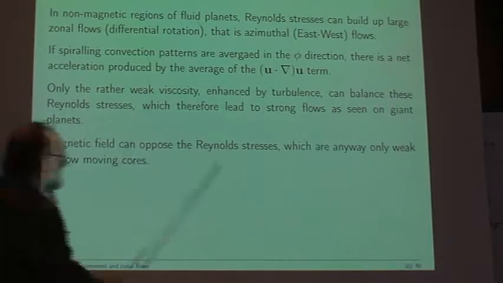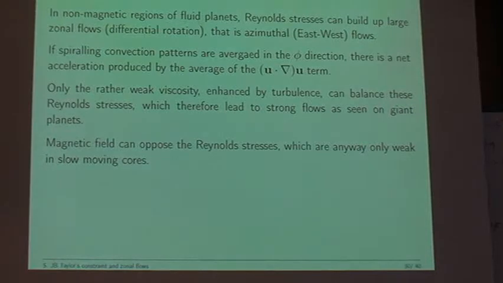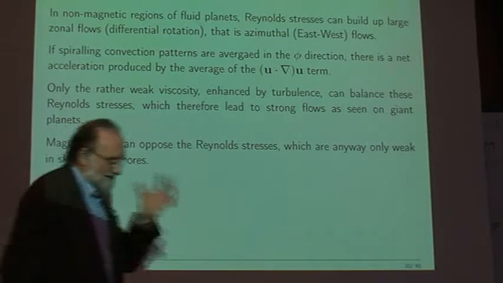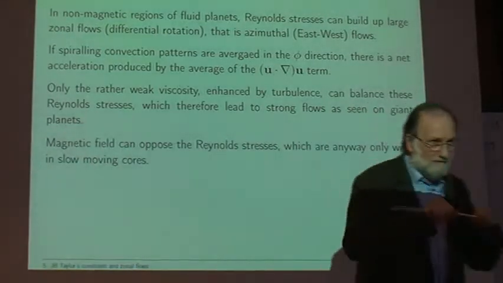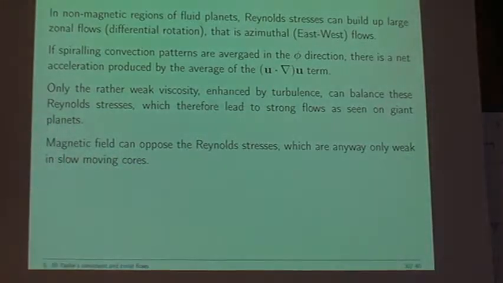This doesn't seem to happen much in geodynamo simulations. The reason being that the magnetic field also damps out such zonal flows. So the zonal flows in a dynamo have got to balance magnetic stresses, not just feeble viscous stresses, and those magnetic stresses are much larger, and those stop you getting a very large differential rotation.